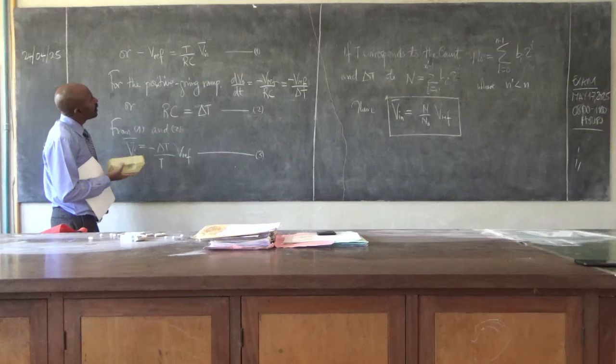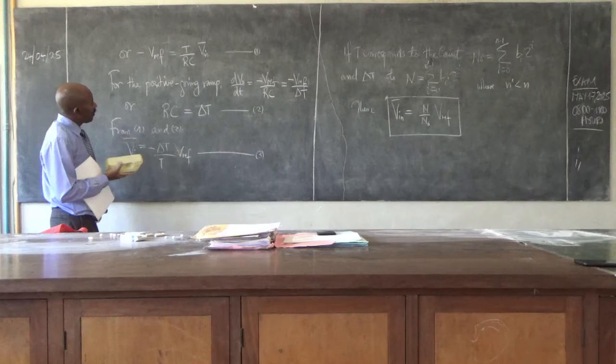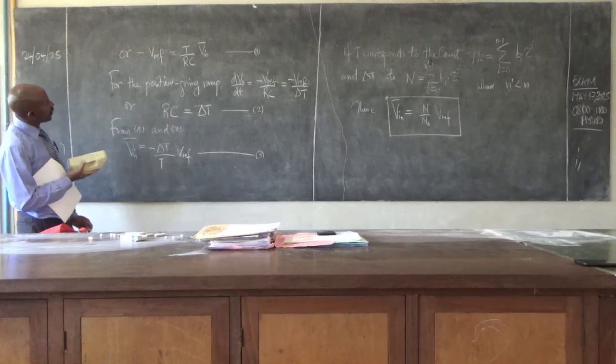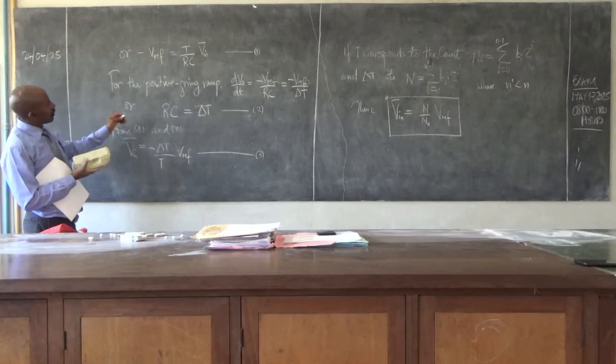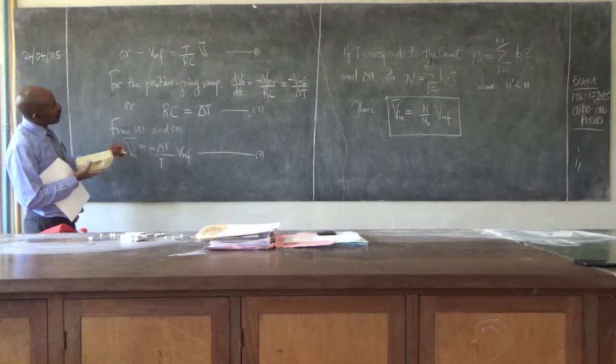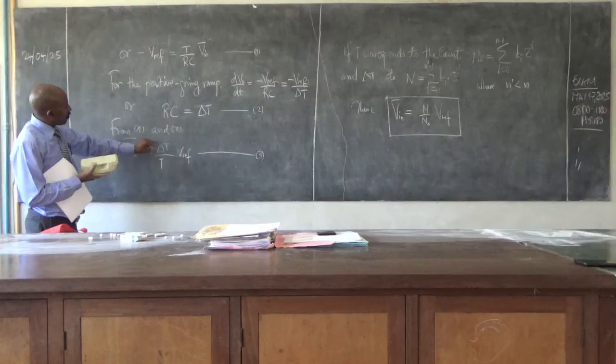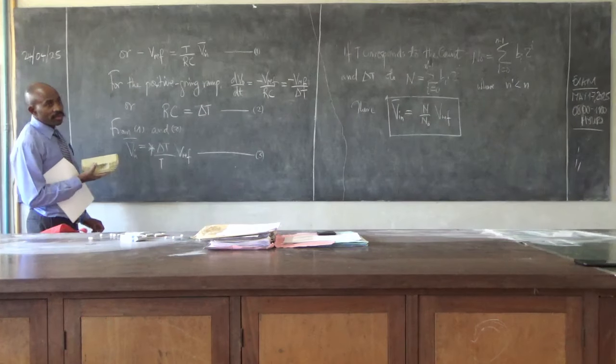Minus V ref over delta T. I'm trying to see where the negative comes from, because you are comparing the denominators, which are positive there, to conclude the answer with delta T. And in equation 1, you find out. Okay?